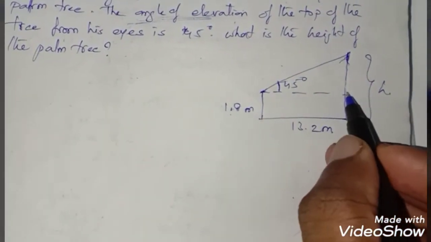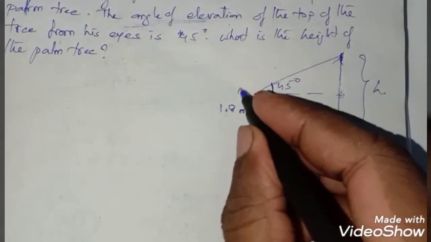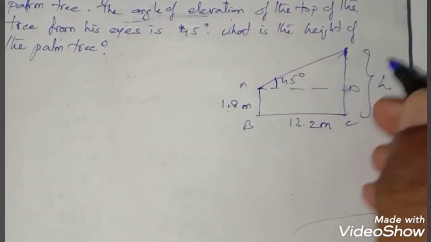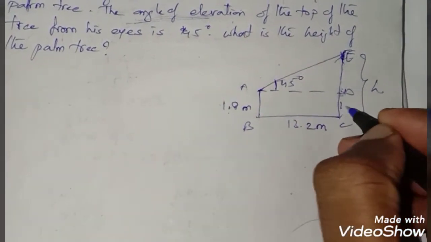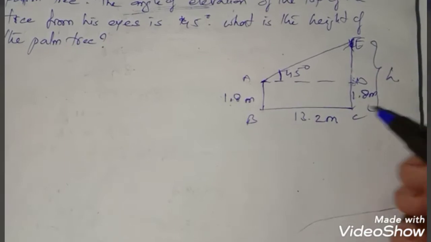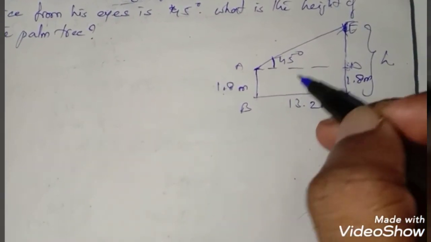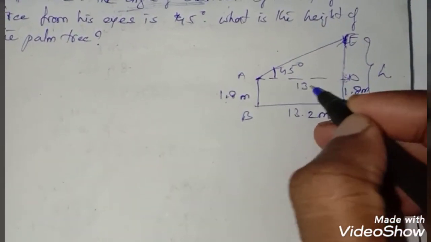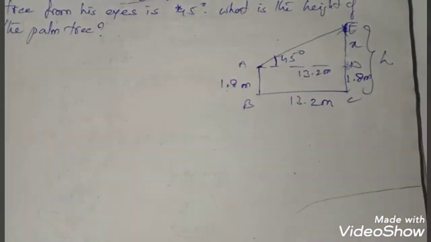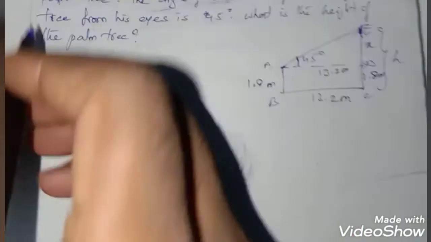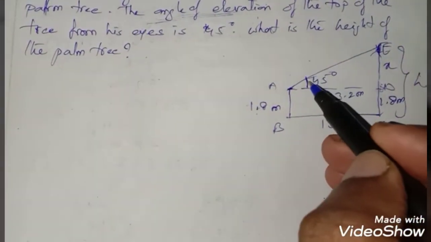If I mention the points as A, B, C, D and E, I can say DC is also equal to 1.8 meters. As per the parallel definition, AD is also equal to 13.2 meters. I need to find only the value of DE, right? Now, how to find DE, where the angle is given as 45?